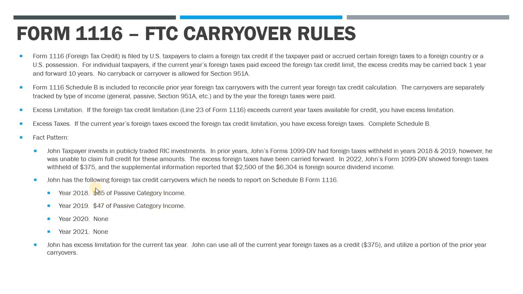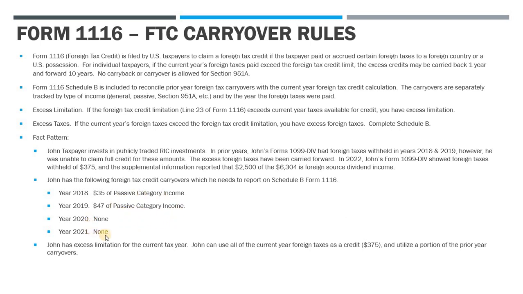In 2018, he had $35 that wasn't able to be used, and that's passive category income, right? This is important because we have to track our FTC carryovers based on the type of income, whether it's general category, passive, 951A, and so on. In 2019, taxes paid in that year that he could not use were $47, again of passive income.